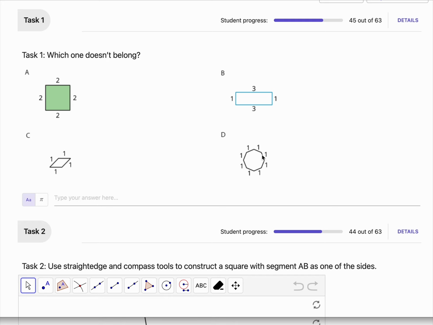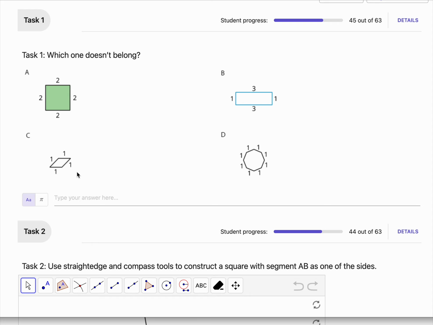All the sides add up to 8. If I go 3 and 3, that's 6, and 1 and 1 is 8, and 2 and 2 and 2 and 2, that's 8. So this one also doesn't belong because it doesn't add up to 8. So that's a reason why this one doesn't belong.